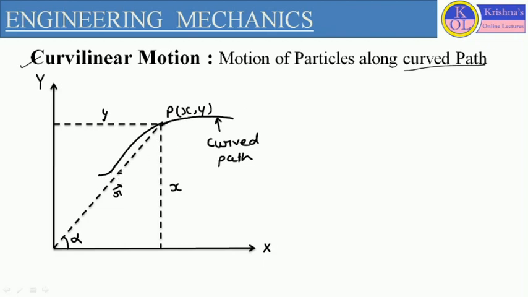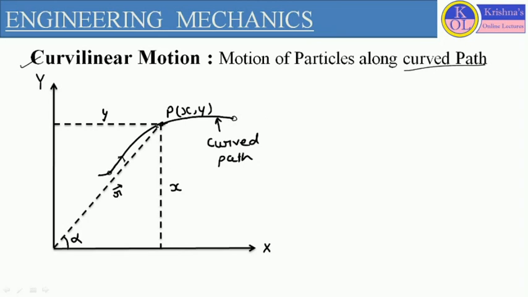Here we have the curvilinear path or curved path. If our particle is here and starts moving along this curved path in a particular direction, the starting point and end point of the particle along this curved path will be different.